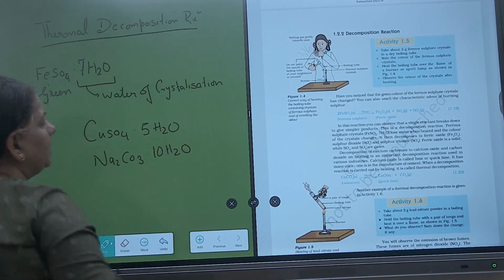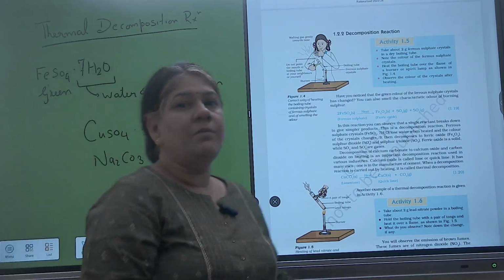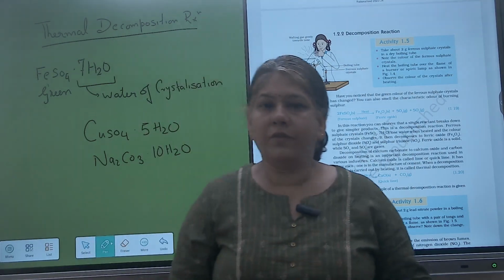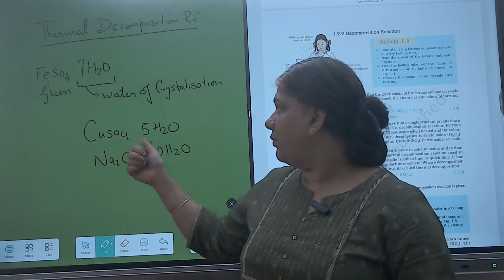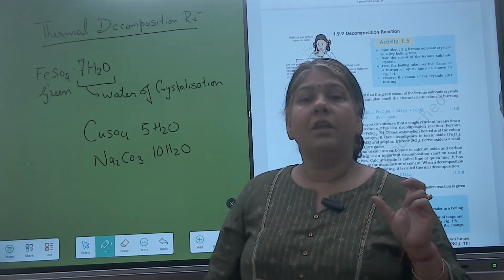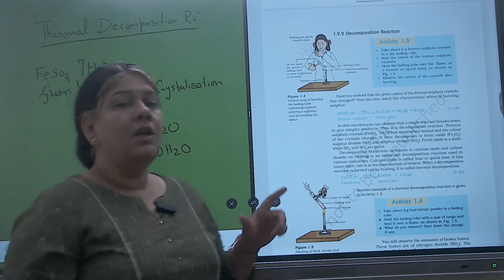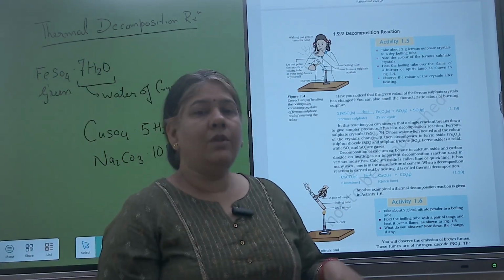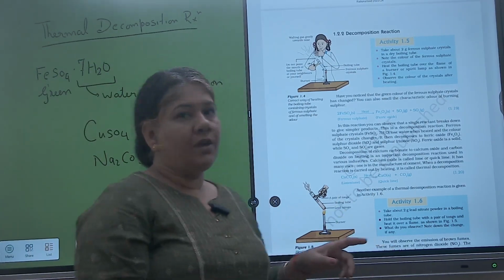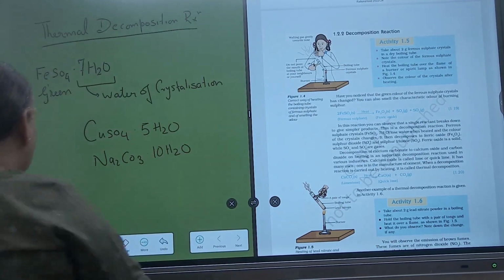These are common examples of salts which show water of crystallization. Now, what is water of crystallization? It is the amount of water that chemically combines with one formula unit of a salt or a substance.